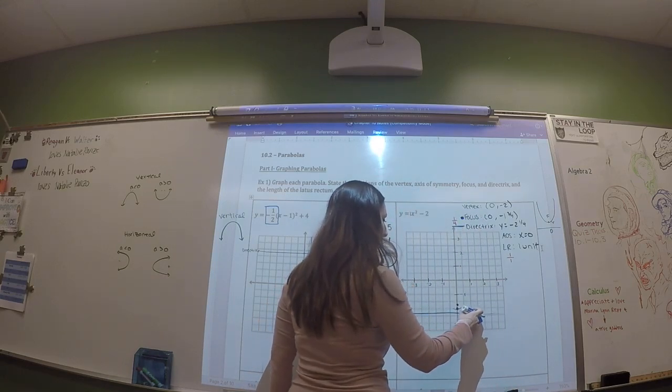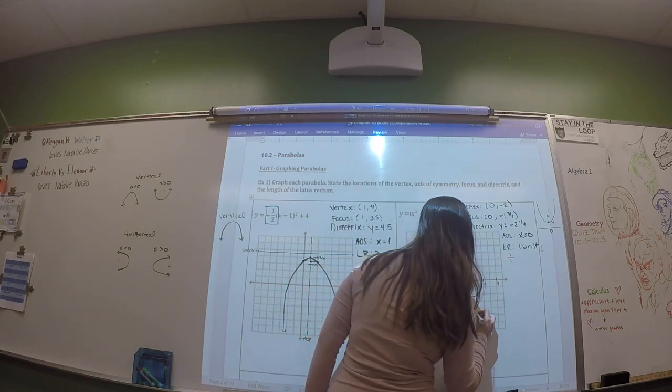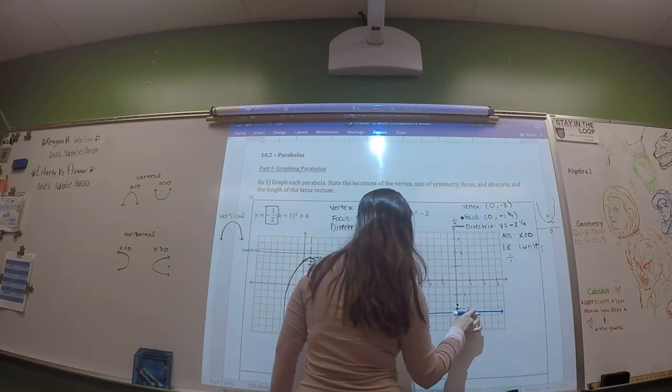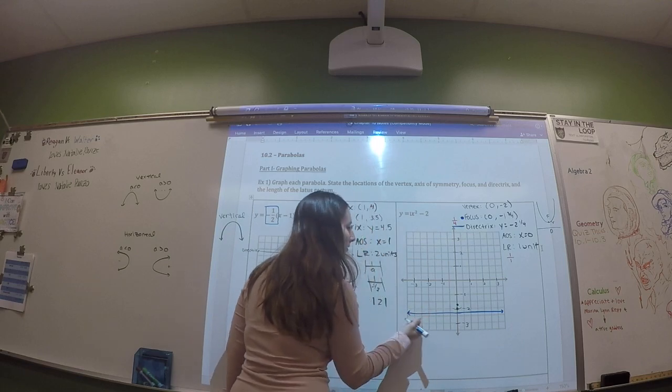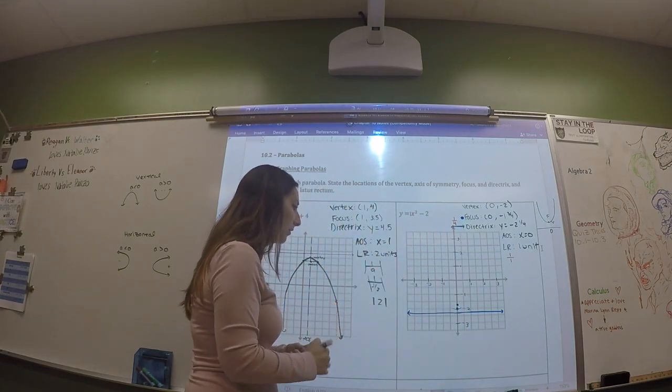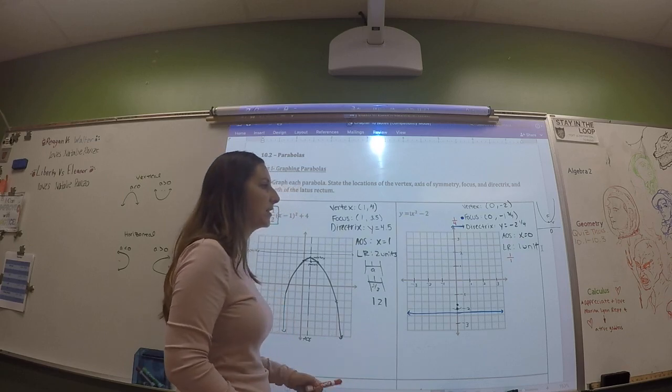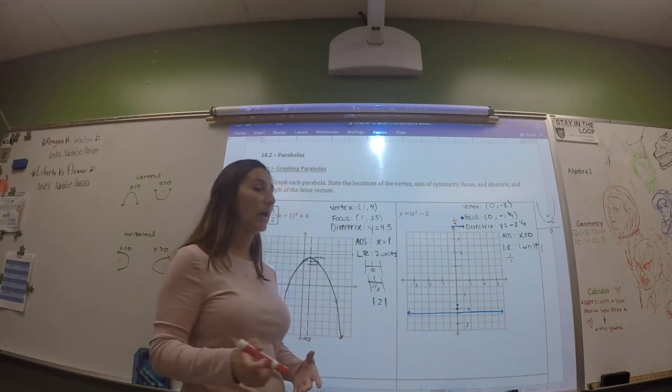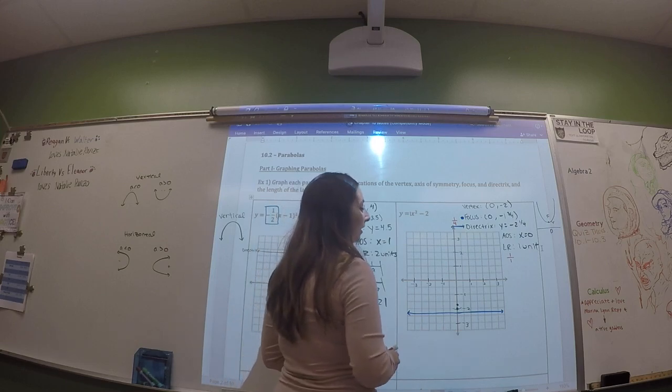Will the latus rectum just be 1? Yeah, it's 1. Our latus rectum is in total 1, so to graph it, you go 1/2 in each direction.